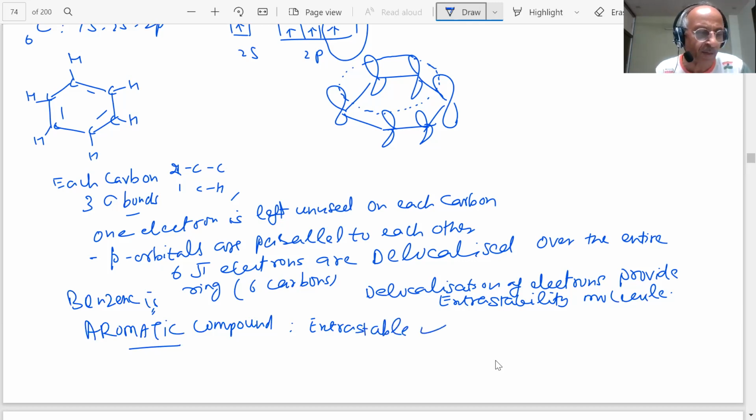So now the concept of resonance has been replaced, students, by what? By what method? Delocalization. Important point you have noted, how we are explaining, students, this concept of resonance.